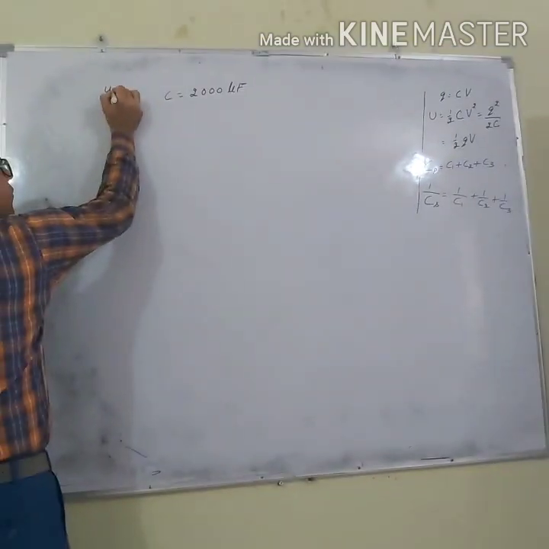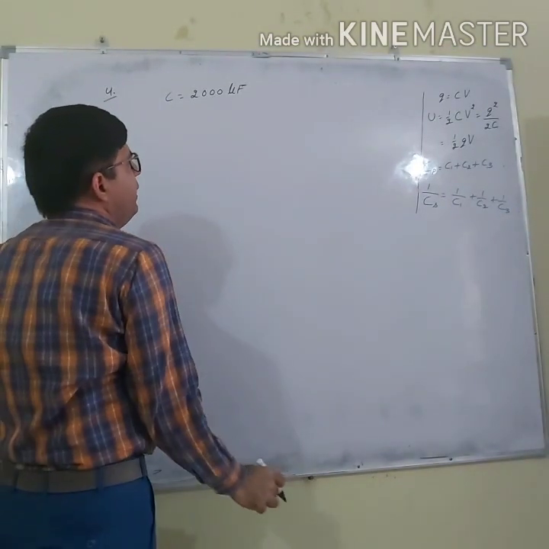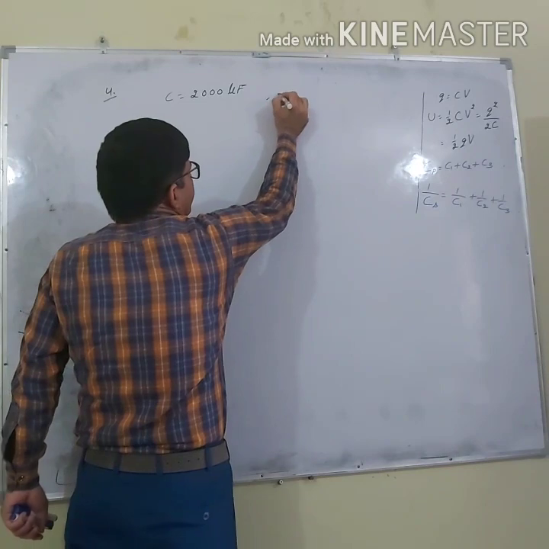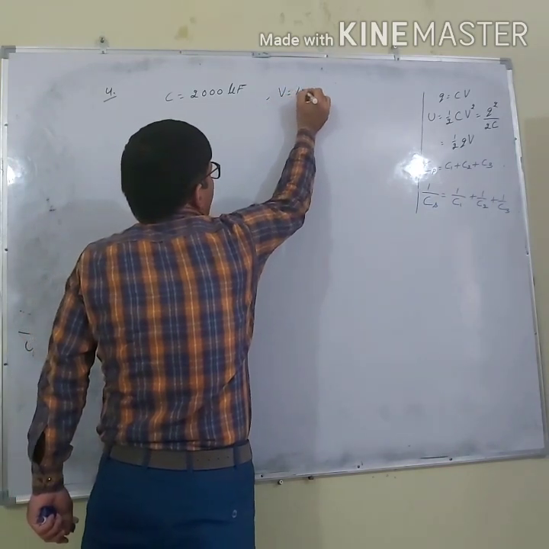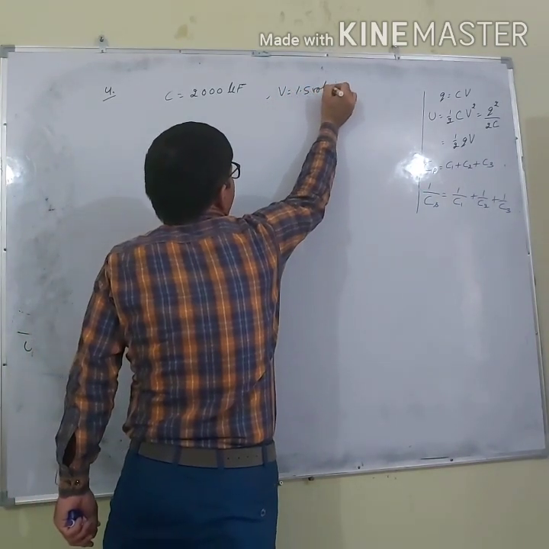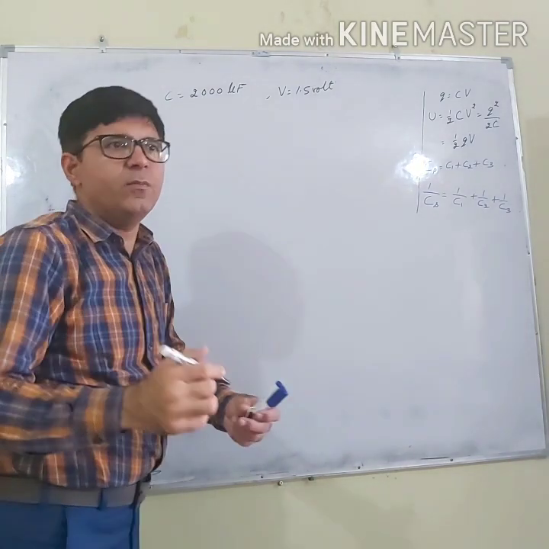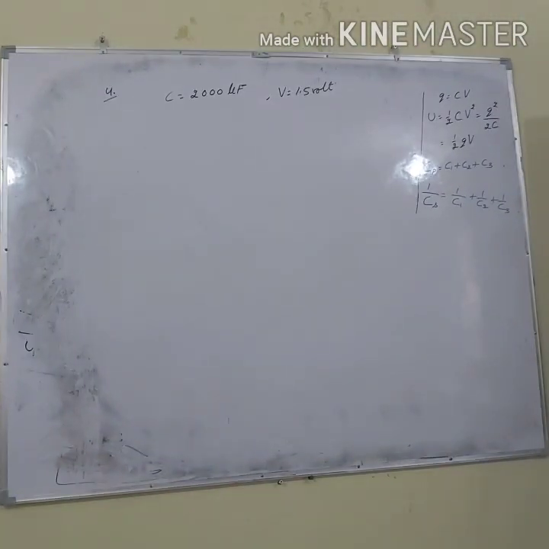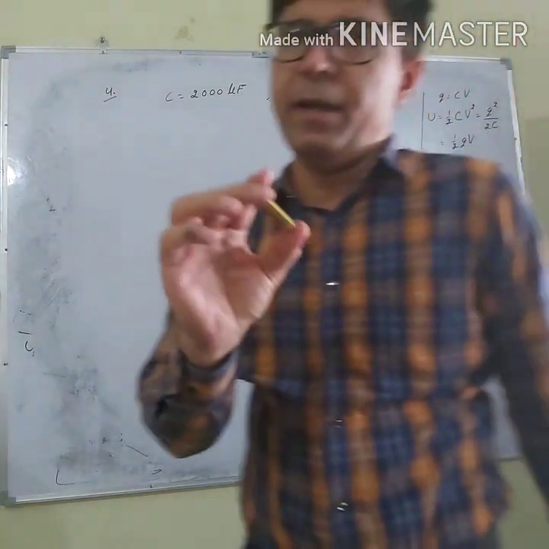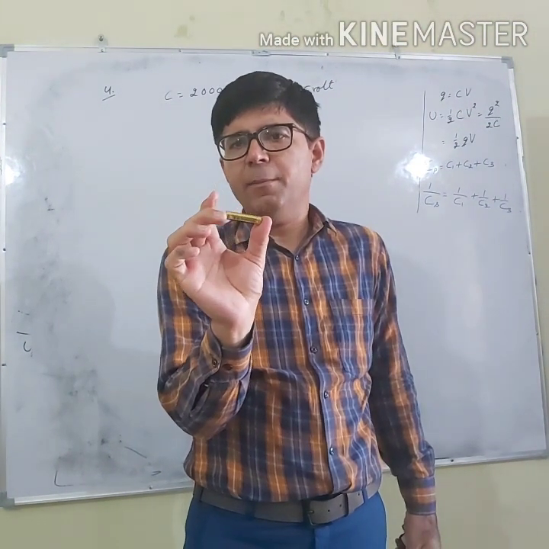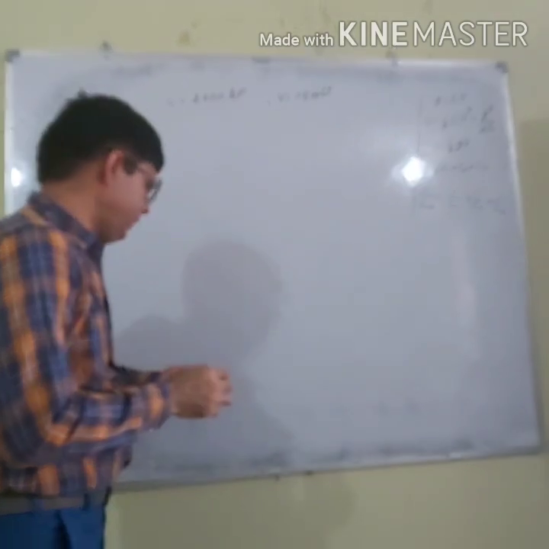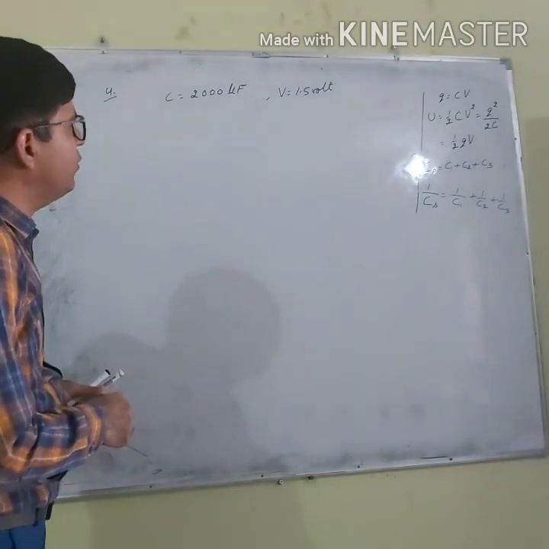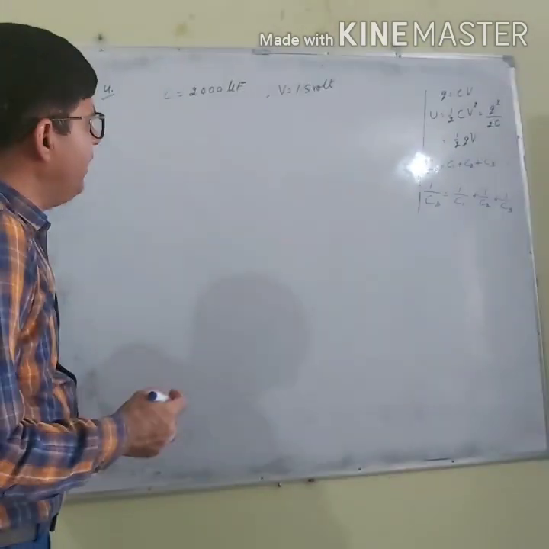This is question number 4. And it is charged to 1.5 volt by a small battery. All of you have seen that there is a small battery in the cameras. So let us say that cell is of 1.5 volt.